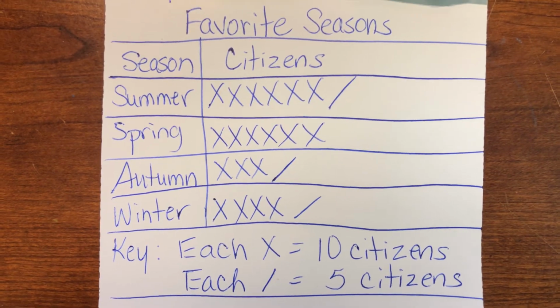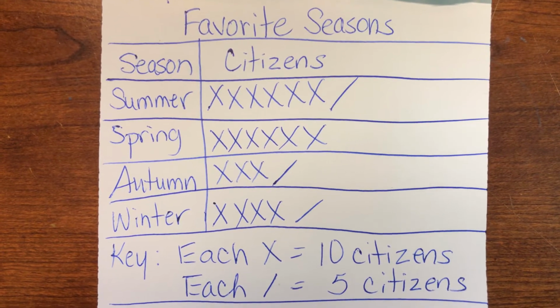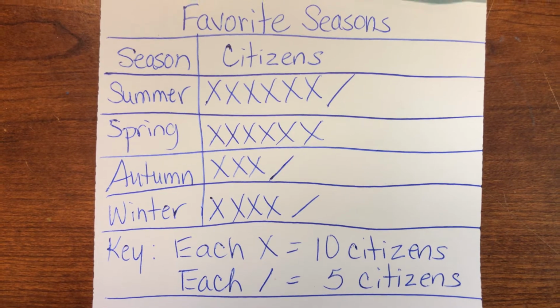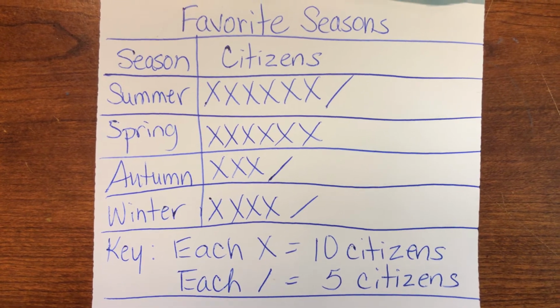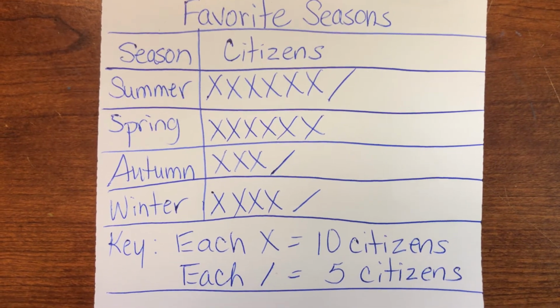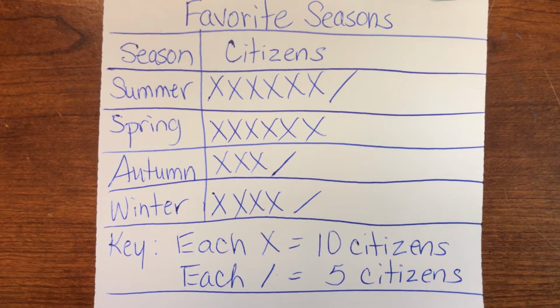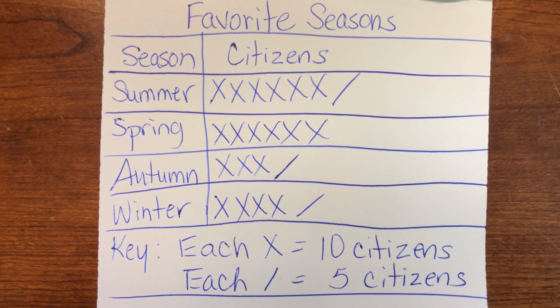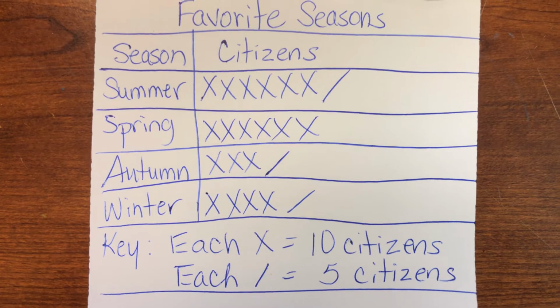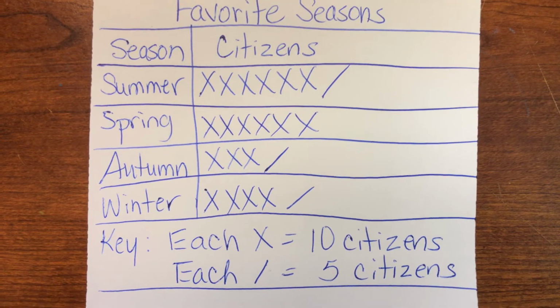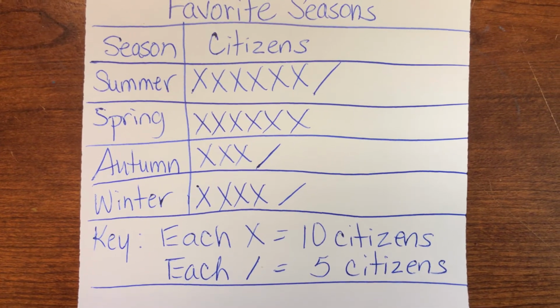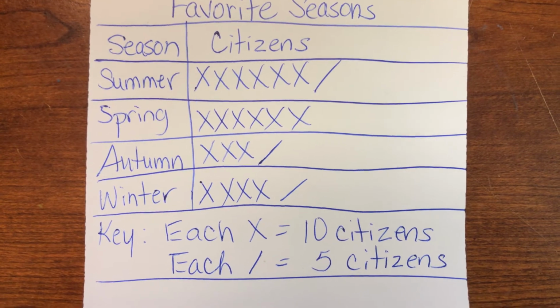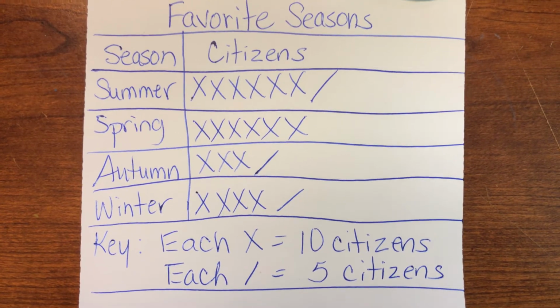So if I asked you to use this graph to tell me how many more citizens preferred summer than winter, you would have to do more than one step. First, you'd have to figure out how many citizens preferred summer using the key and how many citizens preferred winter.